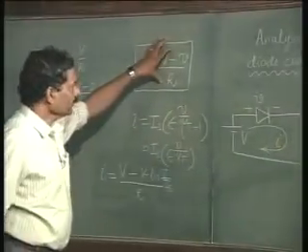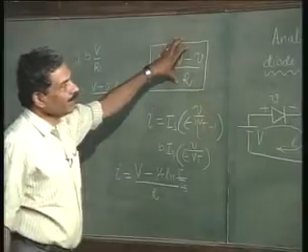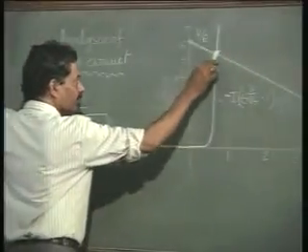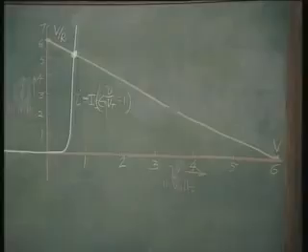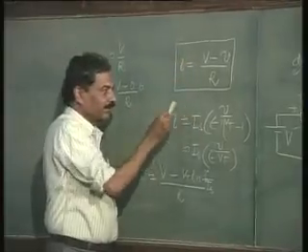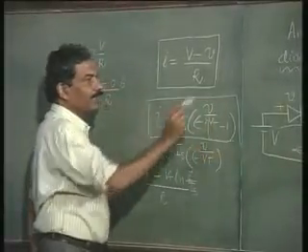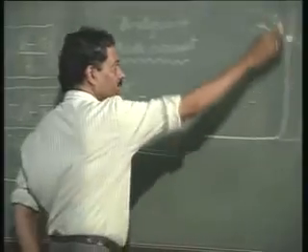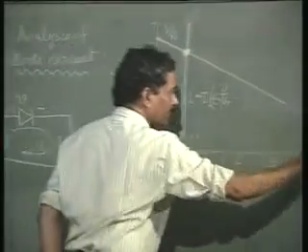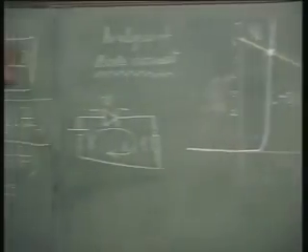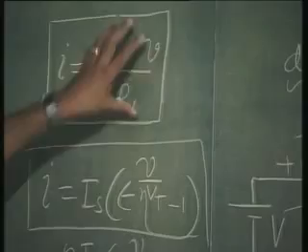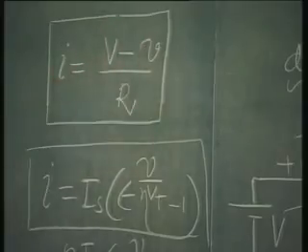And this line, when it intersects this curve, is the solution for simultaneously satisfying these 2 equations. These are the 2 equations which have to be simultaneously satisfied. One equation is plotted here like this, the other one is a straight line. The intersection of these will give us the value of I and V, that is this.